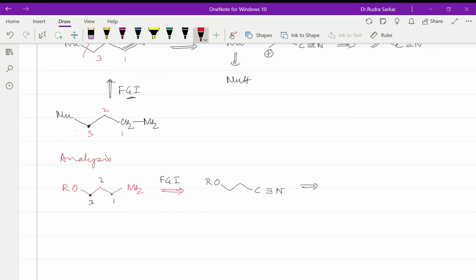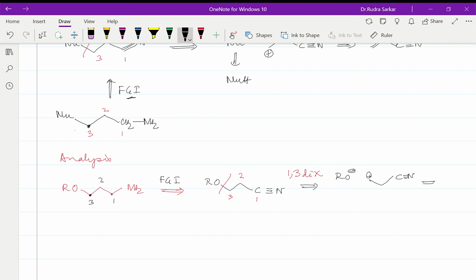Now again we have a relationship of what, 1, 2 and 3. So disconnect over here. So this is basically 1,3 DIX, and we have the synthons RO minus, this is plus out here.